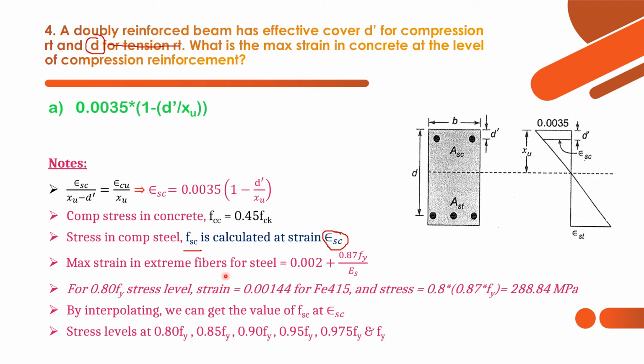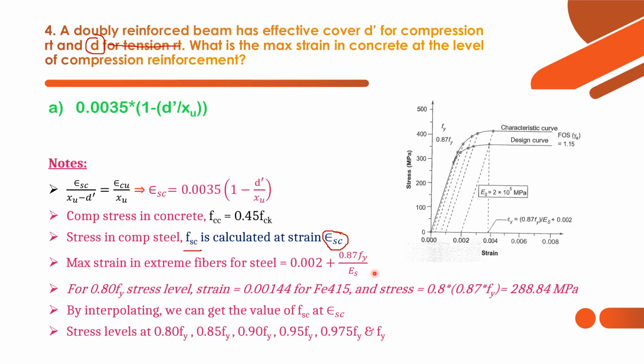The maximum strain in extreme fibers for steel is given by this formula, 0.002 plus 0.87 fy by Es. This formula we have already seen in the previous question. So for various stress levels, there will be a corresponding strain level. How to calculate that?